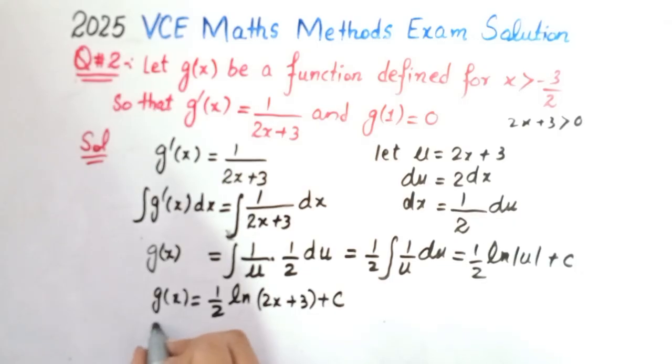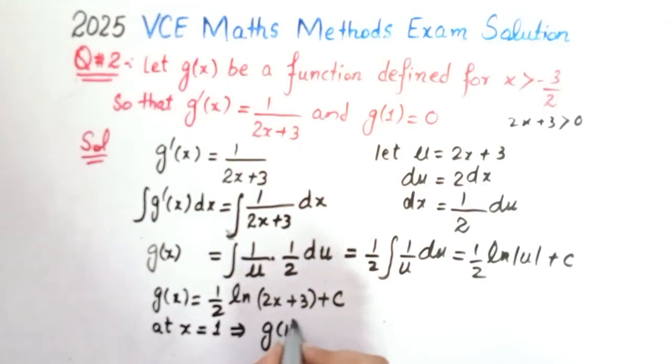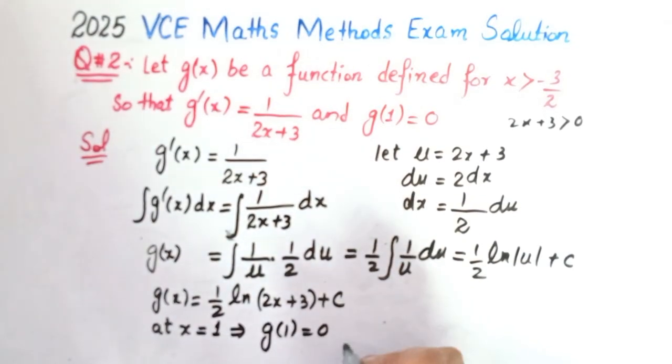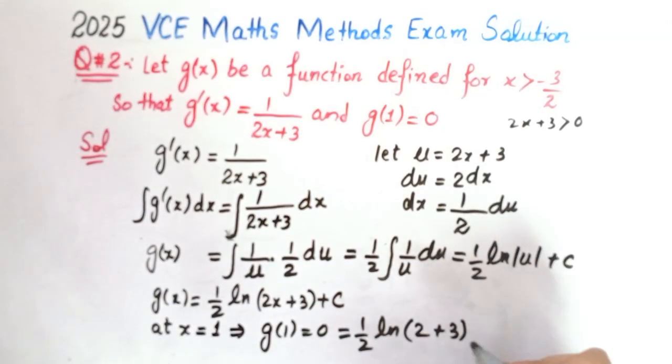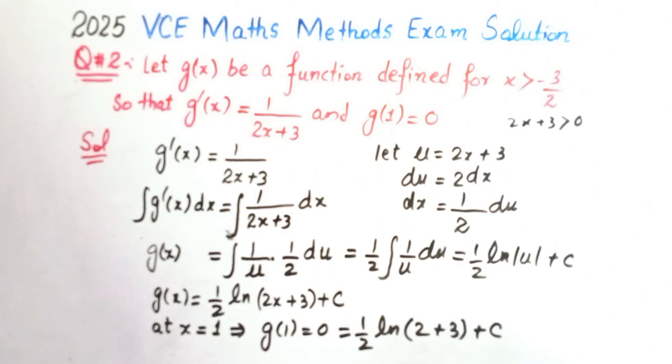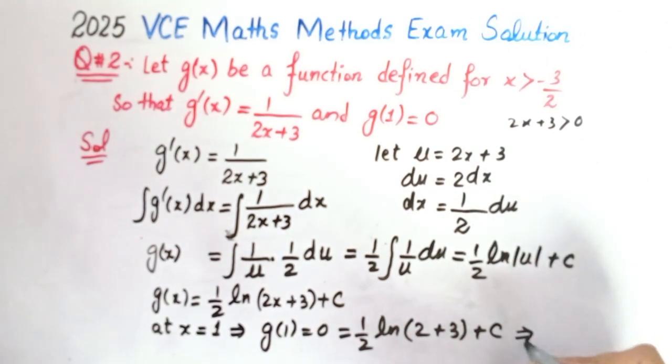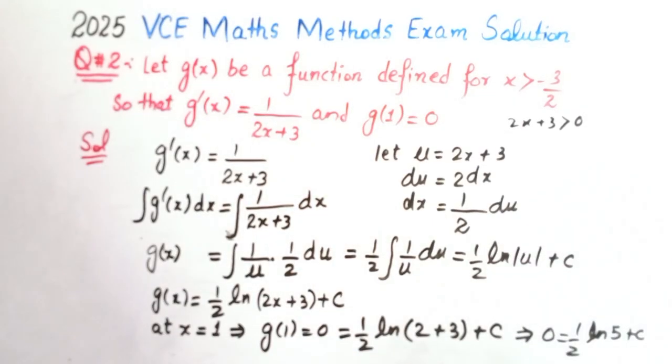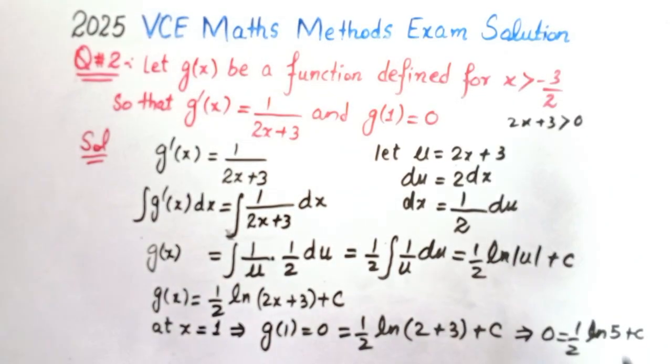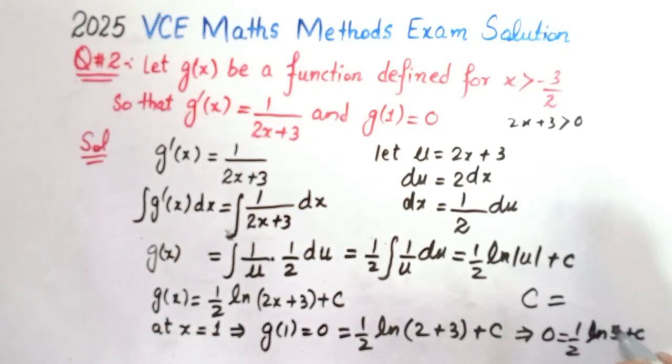At x equals 1, g of 1 equals 0, which is given in the question, and substituting on the right side, 1 by 2 ln of 2 times 1 plus 3, plus c. So you get 0 equals 1 by 2 ln 5 plus c. So c equals minus 1 by 2 ln 5.